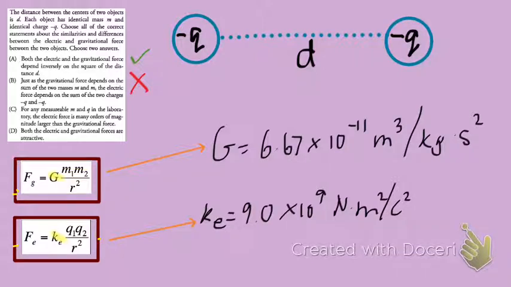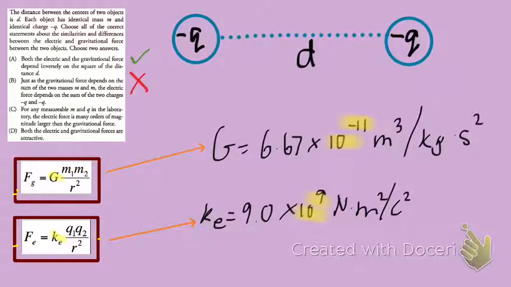And as you can see, the universal gravitational constant is many magnitudes smaller than the magnitude of Coulomb's law constant.